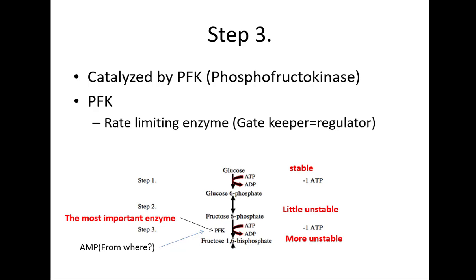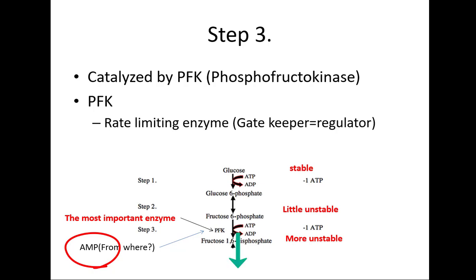This is important. Look here: glucose becomes glucose 6-phosphate and consumes ATP, so it goes in just one direction. But glucose 6-phosphate to fructose 6-phosphate is reversible. But if there is demand and PFK is activated, phosphofructokinase really pushes this reaction toward pyruvate.